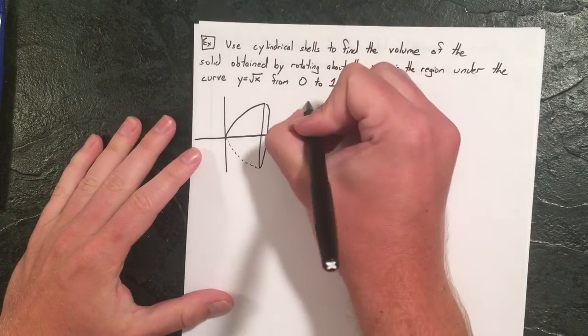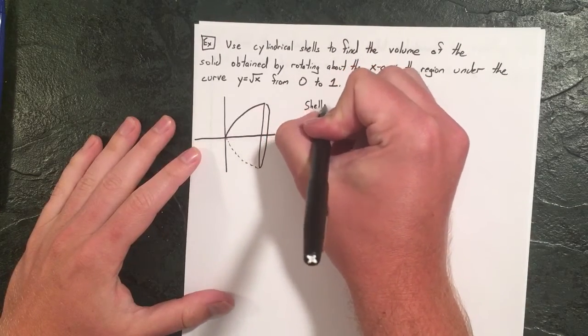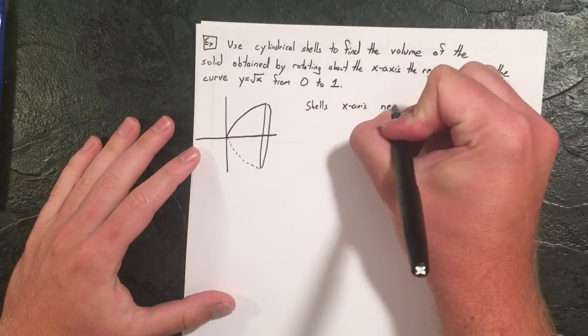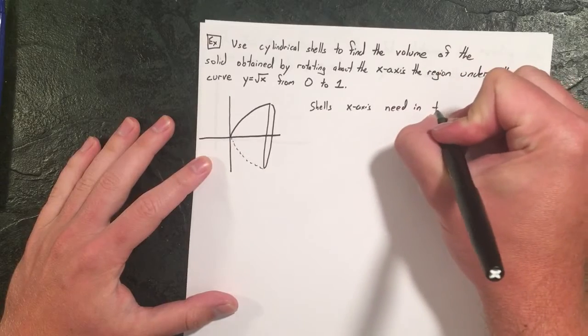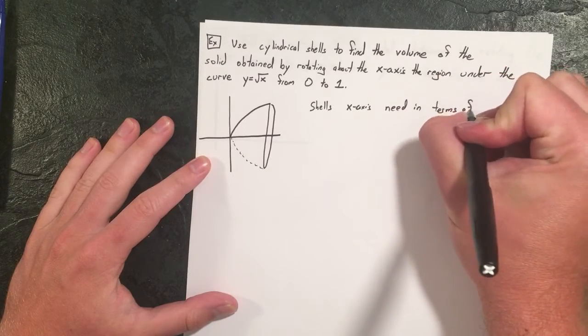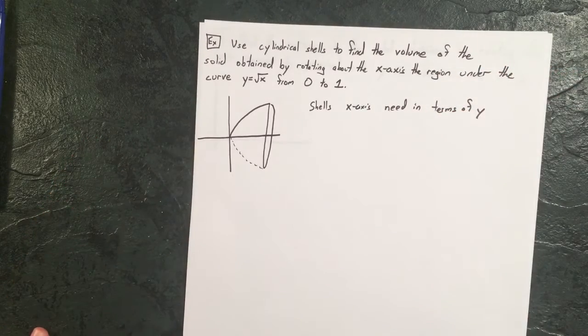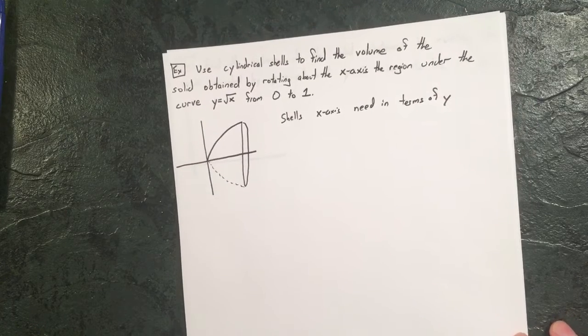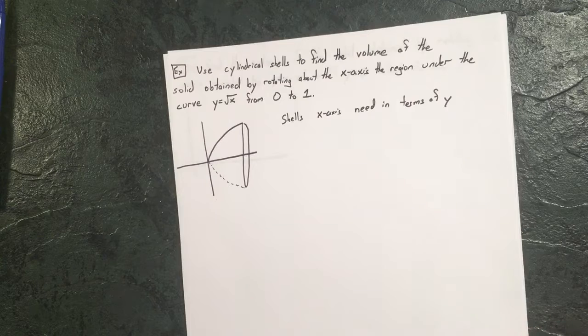Since we are doing shells around the x-axis, this means we need it in terms of y. Okay, if we're going to set things up in terms of y here, we need to see kind of what this shell is even going to look like as we're going through this.